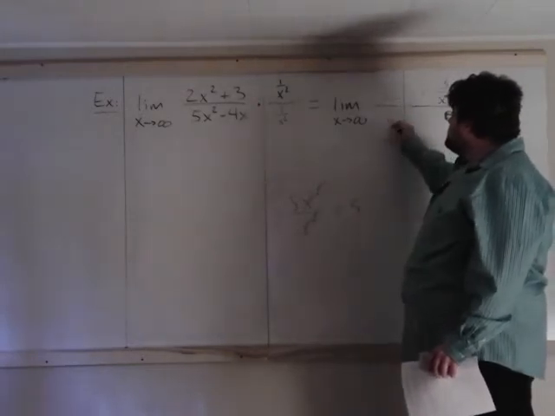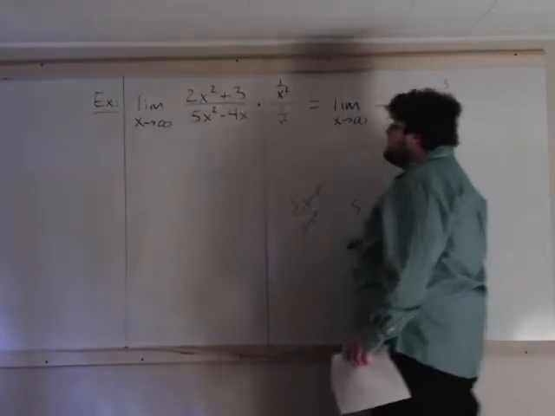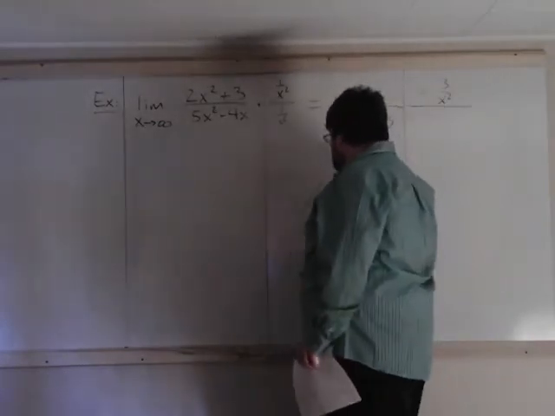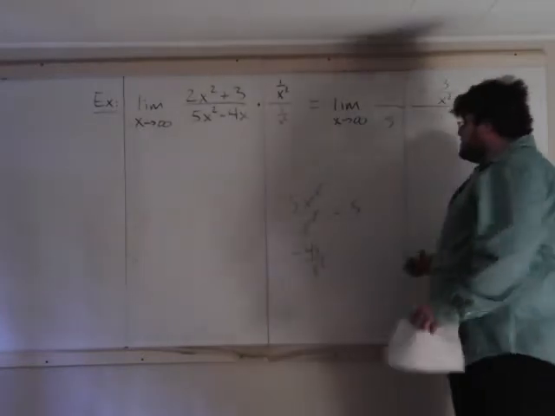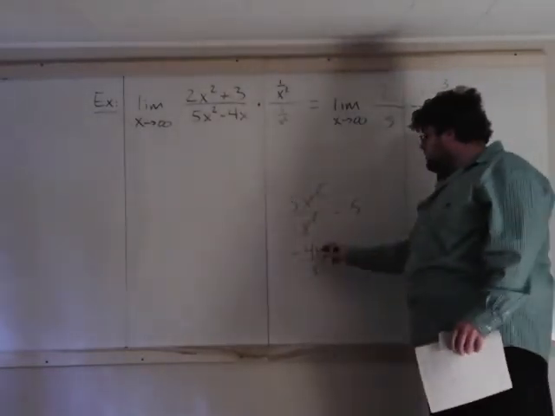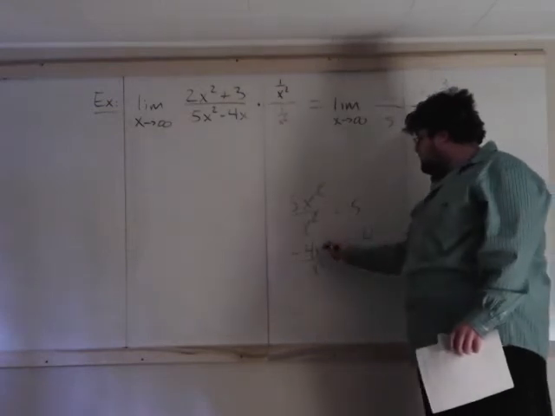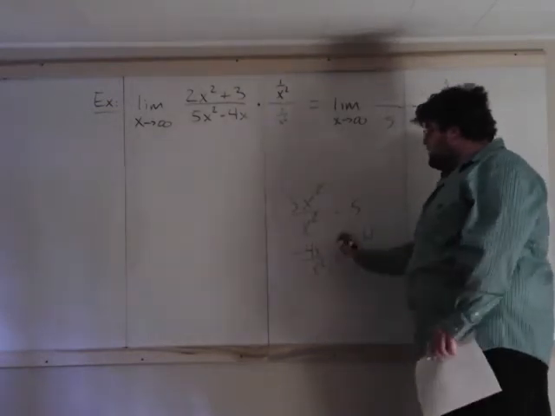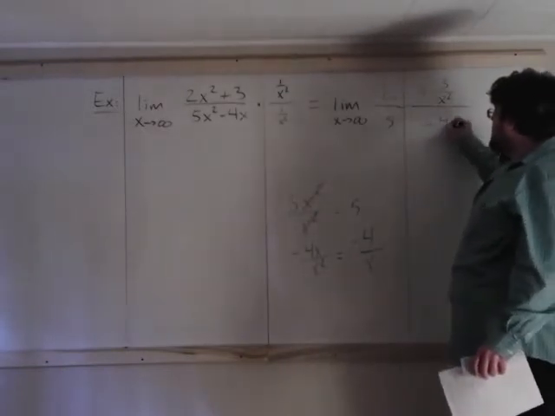So that just equals 5, similarly to why that equaled 2. And then negative 4x times 1 over x squared is negative 4x over x squared. And here, one of those x's is going to cancel. The negative 4 won't cancel, but an x will cancel from the top, and an x will cancel from the bottom, and you're left with an x on the bottom.